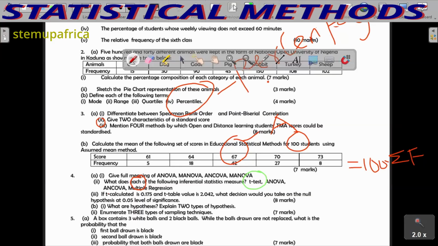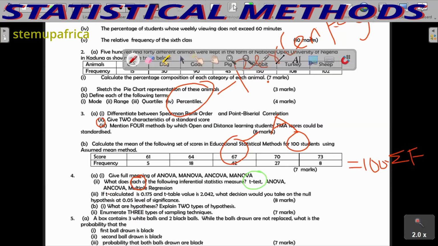But now they are using the null hypothesis, meaning there's no difference at all in performance between boys and girls in mathematics. So with the calculated value and the T table at the 0.05 level of significance, what decision can you make?